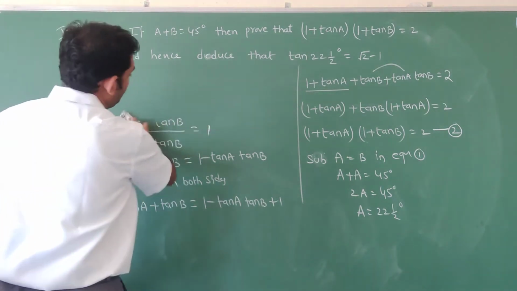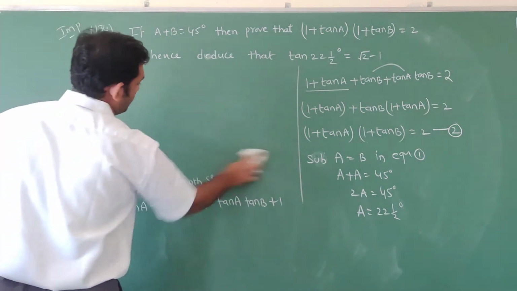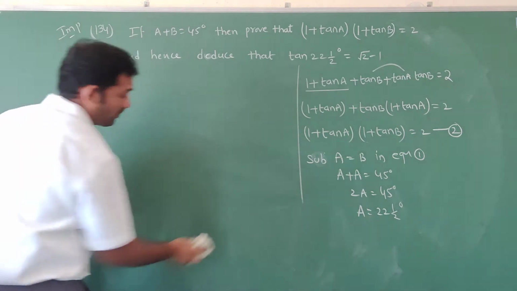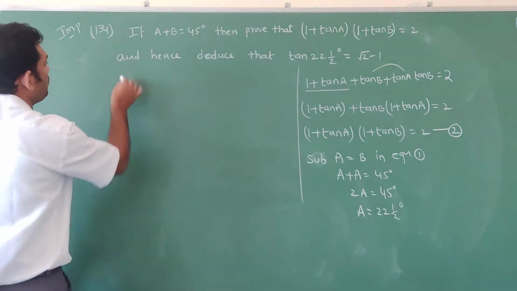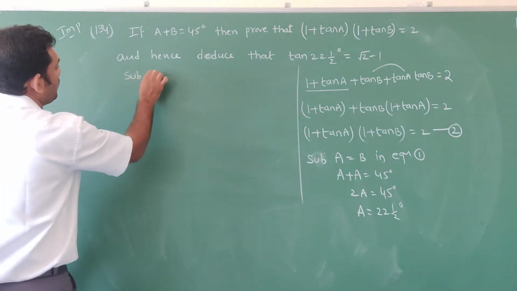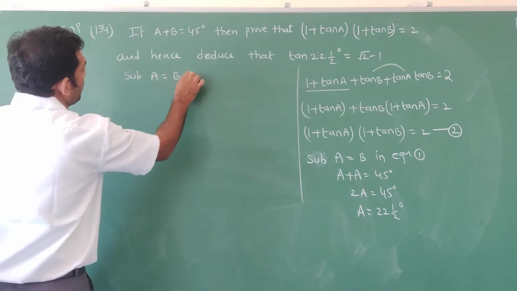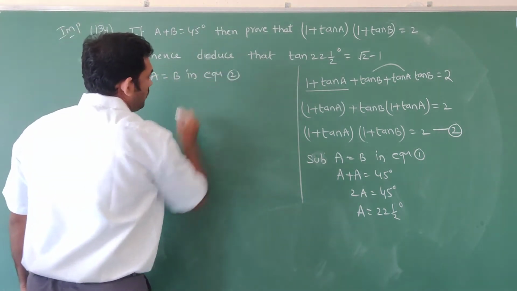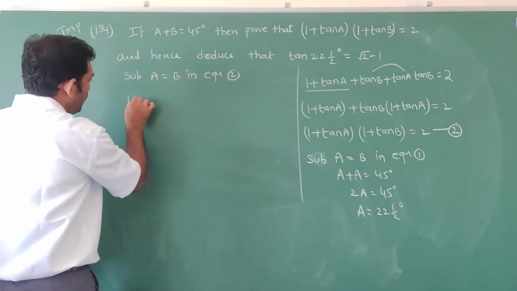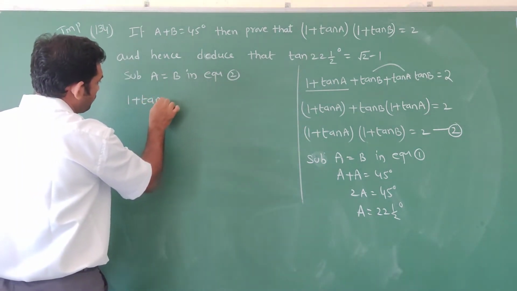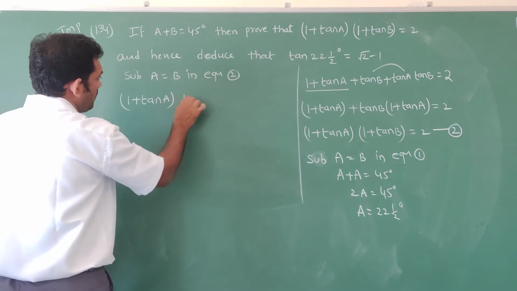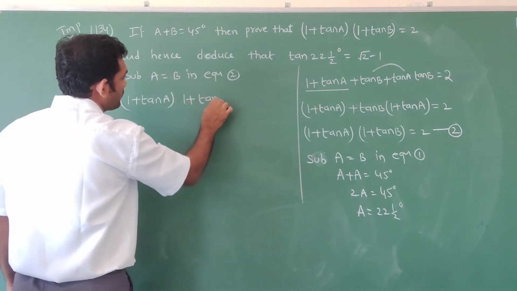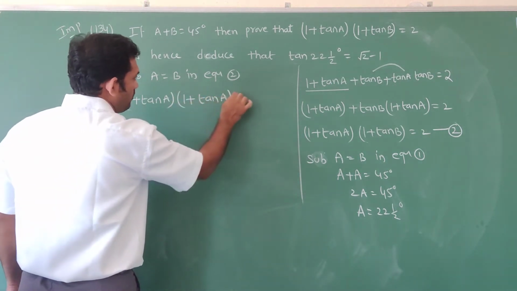So substitute A equal to B in equation number 2. So what happens? That is 1 plus tan A whole square is equal to 2.